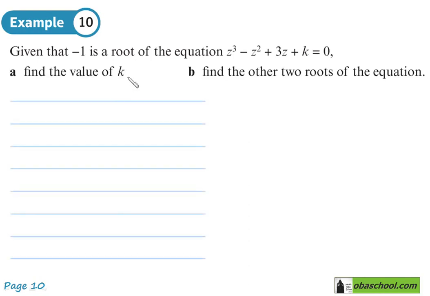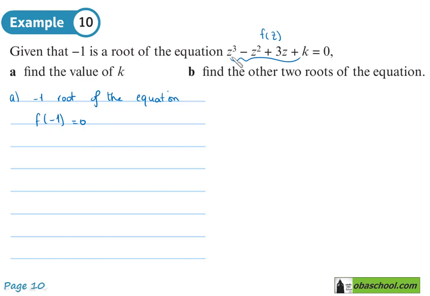To find the value of k, we are going to use the given root and the polynomial. As minus 1 is a root of the equation, and let's denote this one by f of z, therefore f of minus 1 is equal to 0. So if we substitute the value of z to be equal to minus 1, then f of minus 1 will be equal to 0.